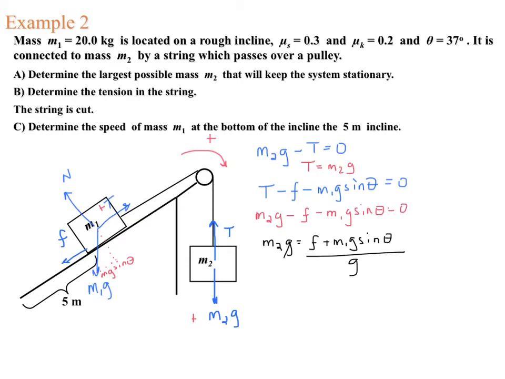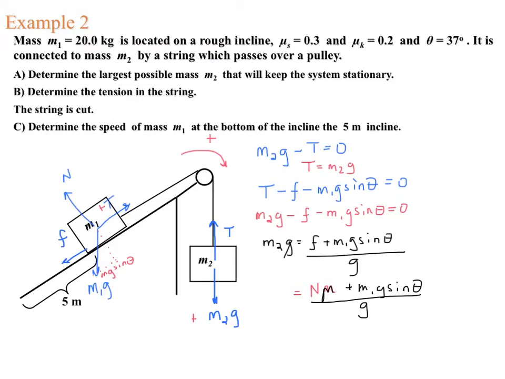And then to be a little bit more specific, I'm going to say, well, my frictional force is dependent on my normal force times my coefficient of friction. Now this is a mu N plus m1g sine theta, divided by g. Now again, I want to put it in terms of things that I know.